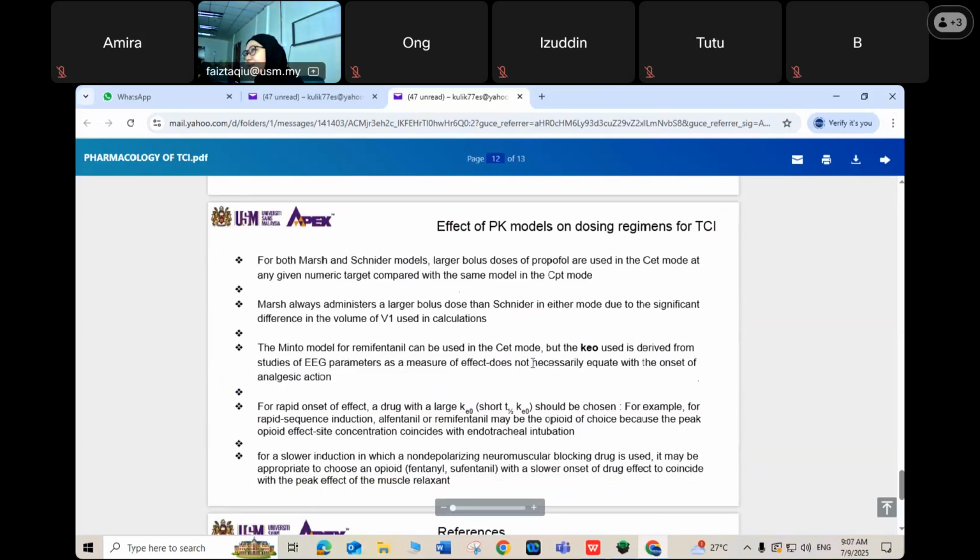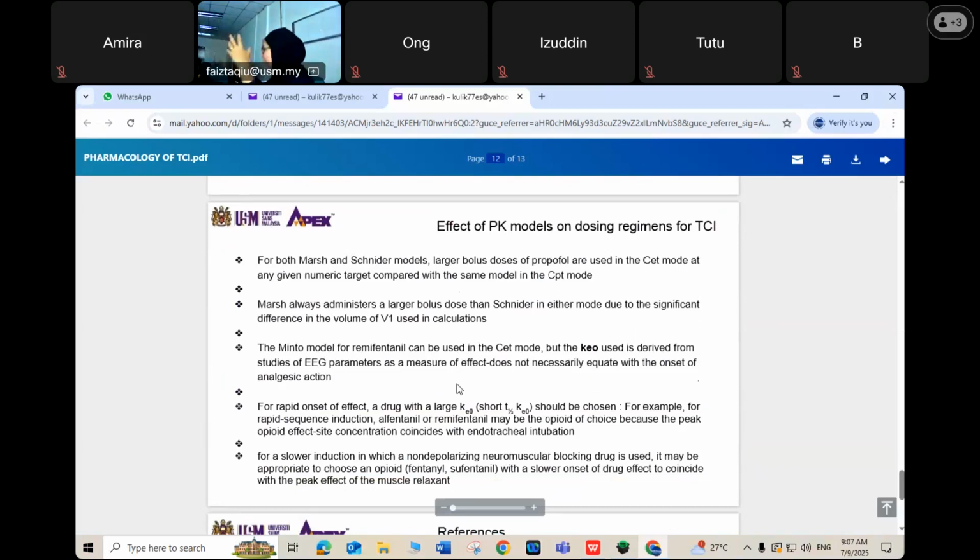site target, but the KEO used is derived from studies of EEG. Sedangkan remifentanil itu analgesic. Betul tak? So, you boleh pakai effect site, boleh, kan? But it doesn't really reflect the effect site.